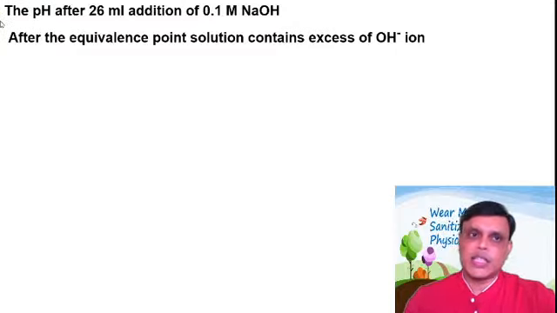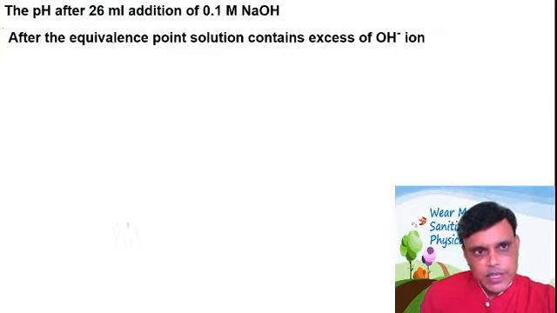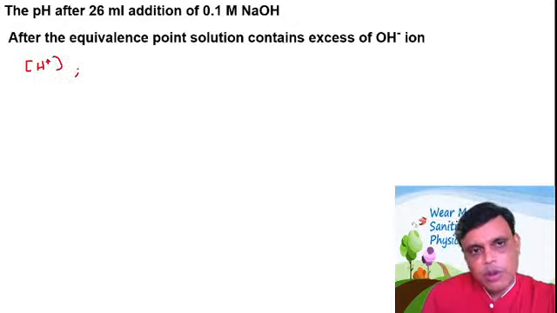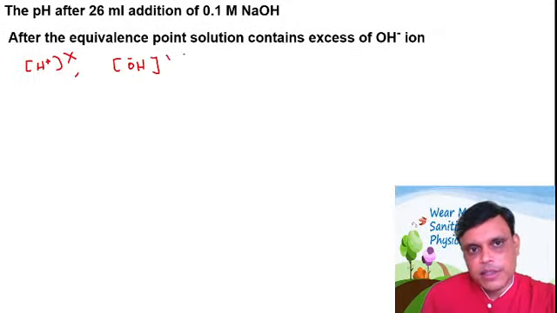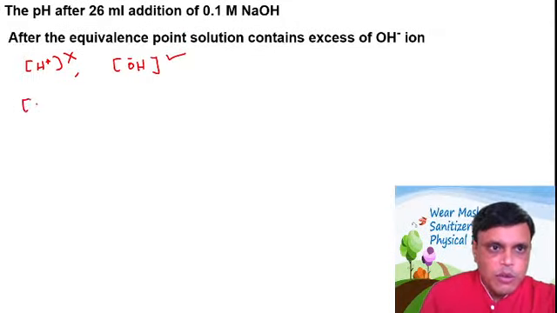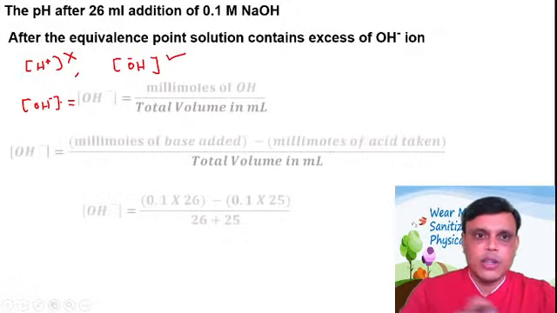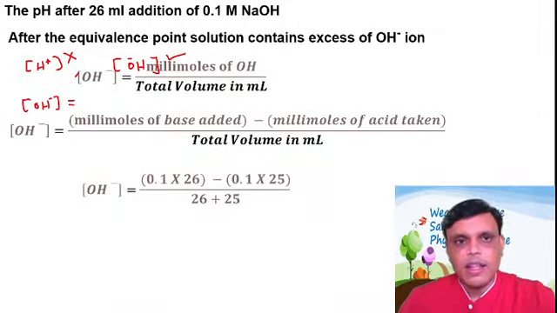And so instead of the concentration of H plus ion, you have to calculate the concentration of OH minus ions. And there is a formula. How will you calculate the OH minus ions? Similar formula is there. So this is the formula.